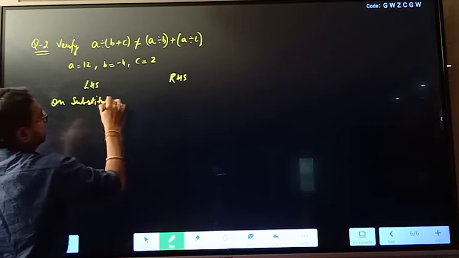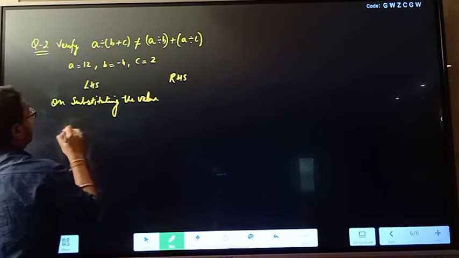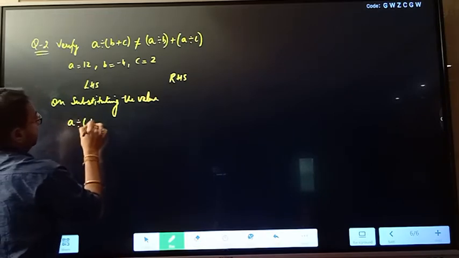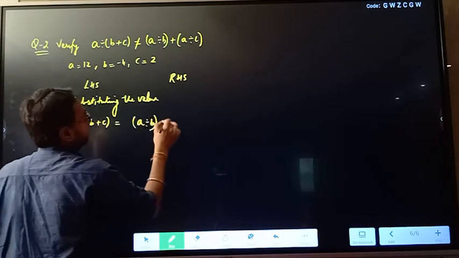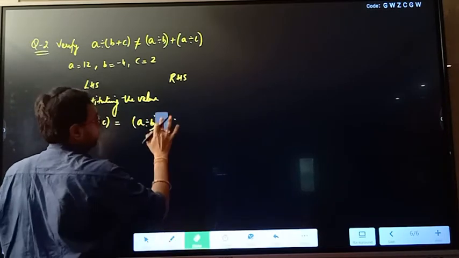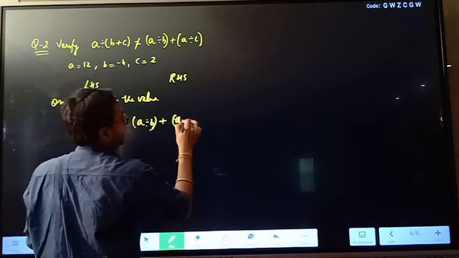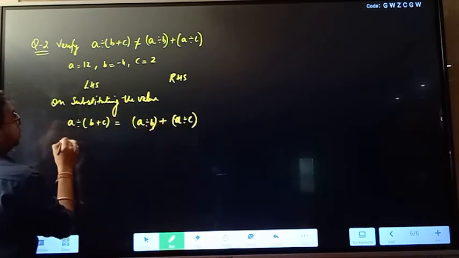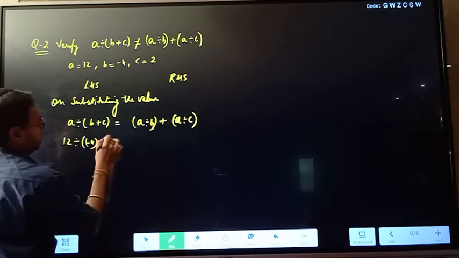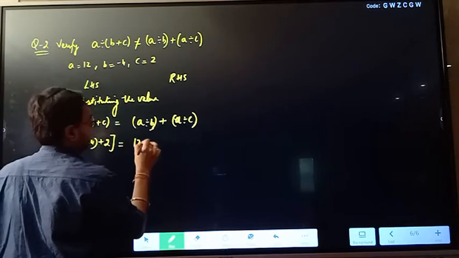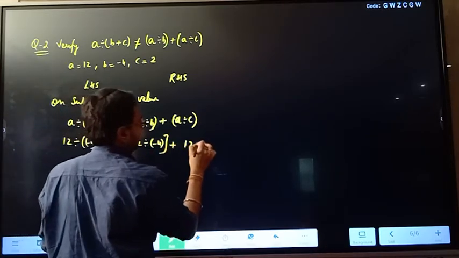LHS is A divided by (B plus C), RHS is A divided by B plus A divided by C. So 12 divided by (minus 4 plus 2), and 12 divided by minus 4 plus 12 divided by 2.